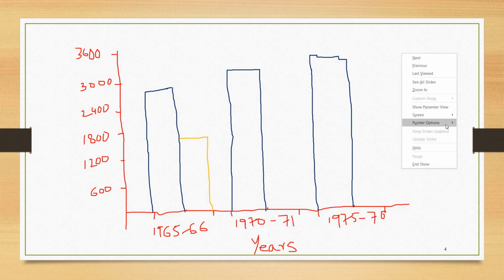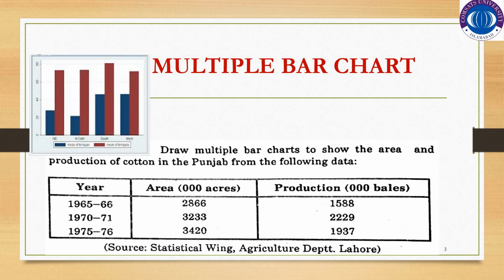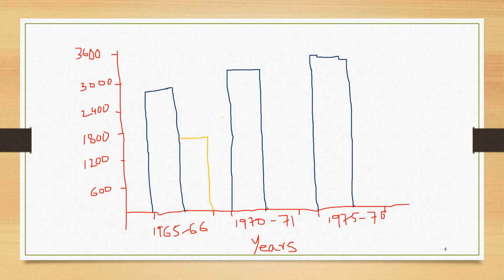Now we will draw bars of production, and 2229, it will be somehow over here, and the last one is 1937.